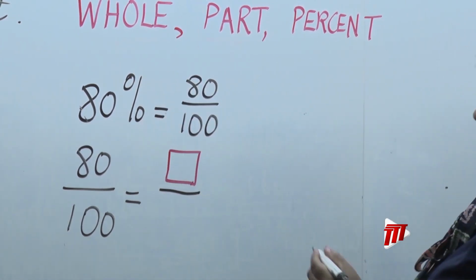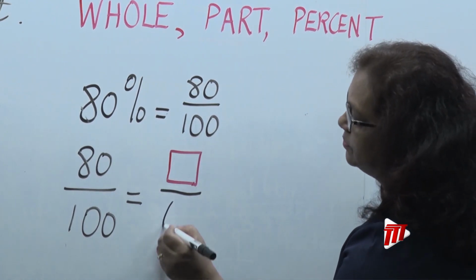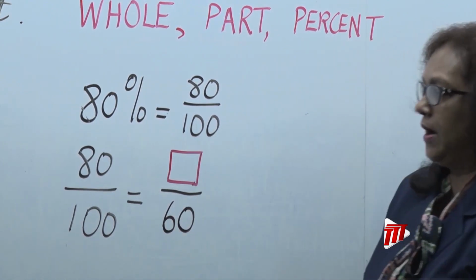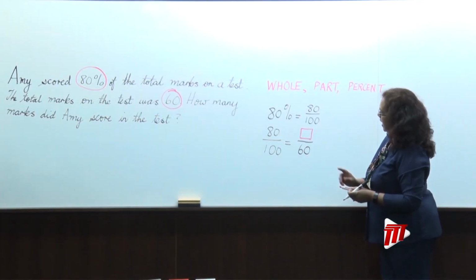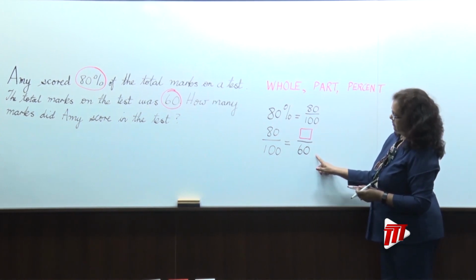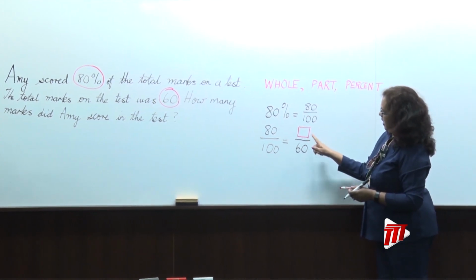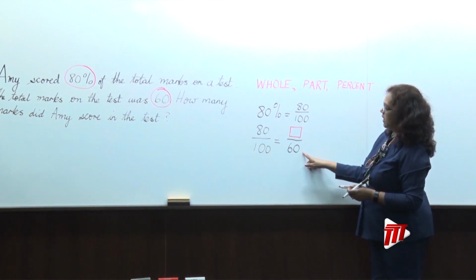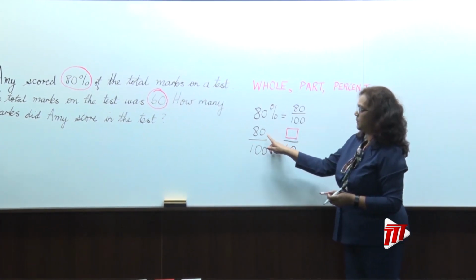So the whole in this case is 60. So what we are really calculating is an equivalent fraction, the number of marks out of the total marks, but this is equivalent to 80%.